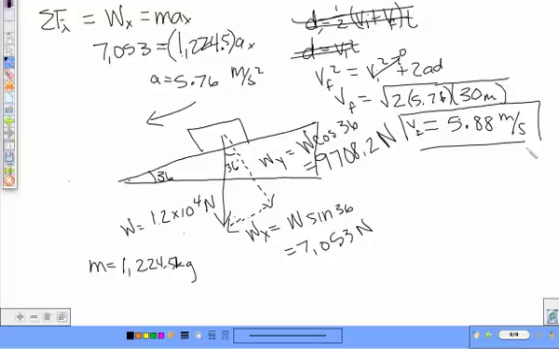Is that what you got? 18.6. Okay. That's why it's good to have multiple people. Keep going on this. Yeah. See if we can get through them all today.